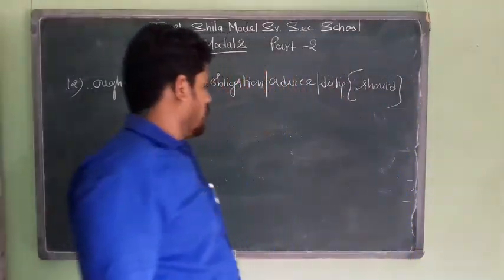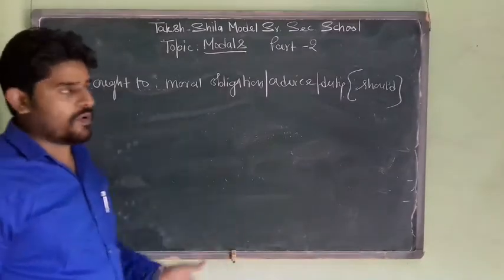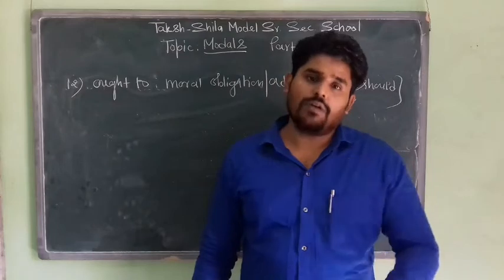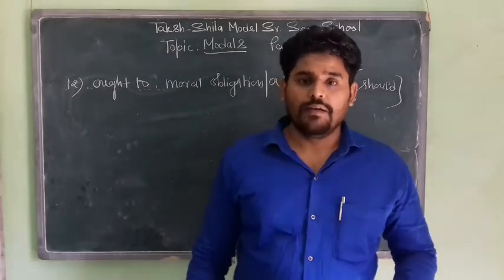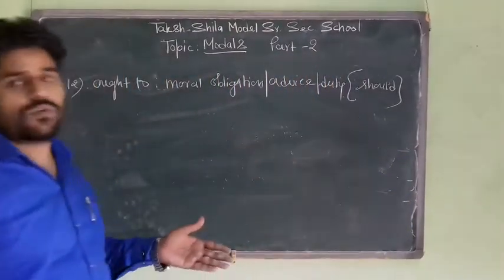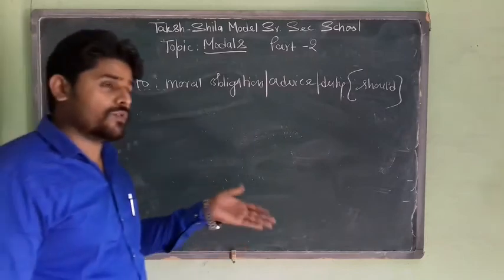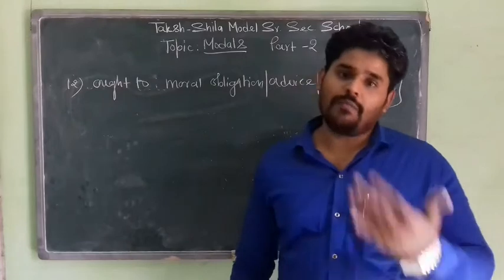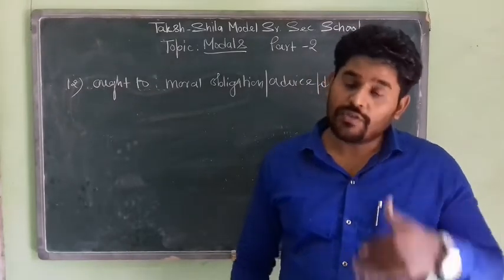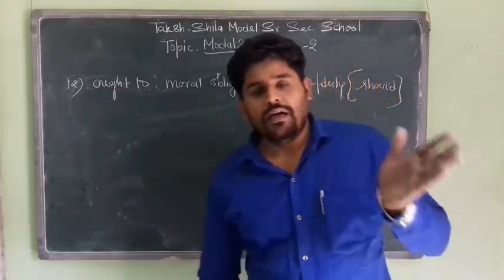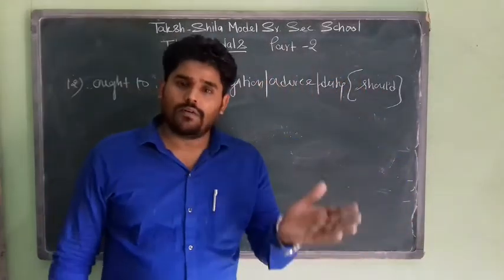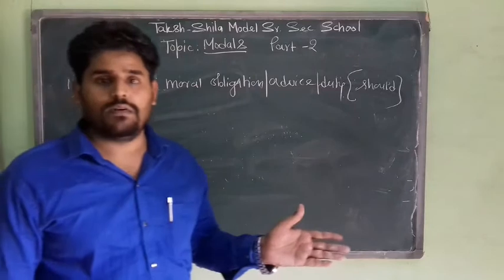But ought to shows moral duty, means something that comes out from within, right? Means there is no external force which is going to compel us to do something. It is something that originates in our mind, originates in our heart, that we should do it, right? And this is an impulse that originates from within our heart, right?